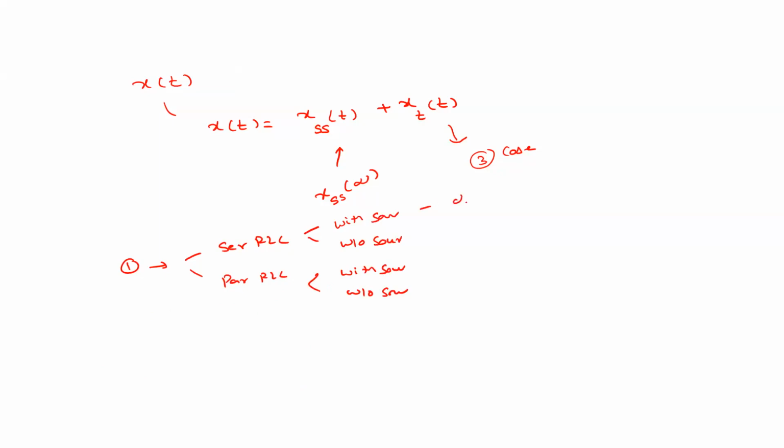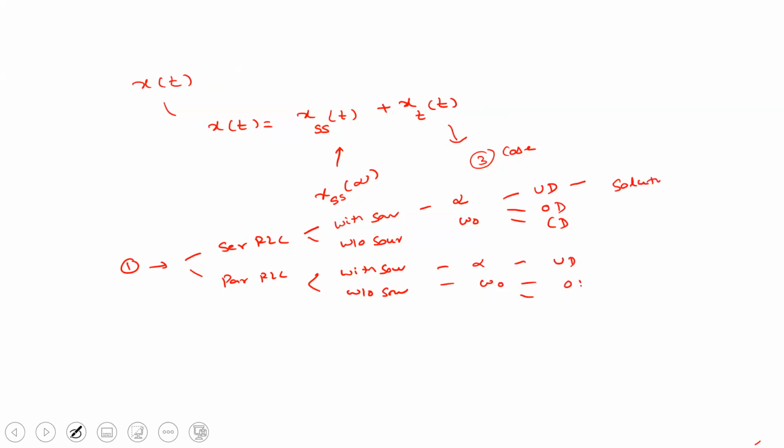After that, you need to calculate the alpha value and omega naught value. Based on that, you need to choose whether it is underdamped, overdamped, or critically damped, and based on that choose the solution. Here also the same: underdamped, overdamped, or critically damped. So we need to find a solution for this. Okay.